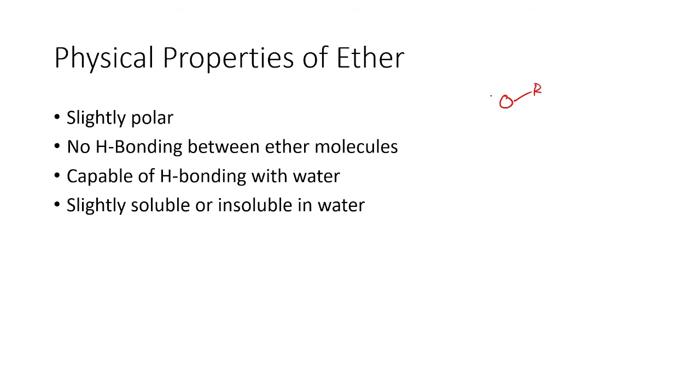So if you have here an R group and another R group, you may have remembered oxygen actually have 2 lone pairs. So due to the presence of these lone pairs, we actually have slight polarity here, wherein this will be partially positive due to the presence of our R groups, and this side, due to the presence of the lone pair, we will have here a partially negative side for our ethers.